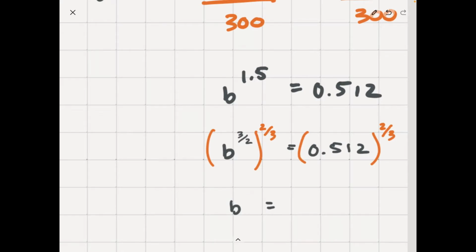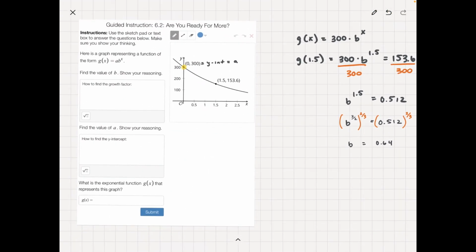And now I can type into my calculator 0.512 raised to the 2/3. And so after I calculate that, that's going to give me 0.64. Okay, so what I've just done there is I've plugged in this point (1.5, 153.6) into my function, and I solved for b.